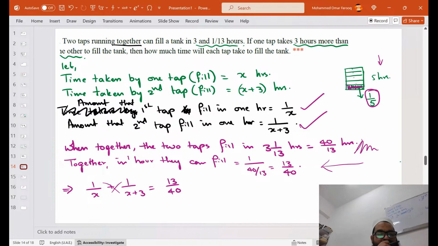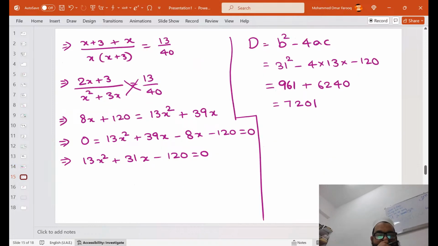What is x actually? Time taken. So 2x plus 3 is equal to x square plus 3x, is equal to 13 by 40. Did I do any mistake? Can you please check, my dear students? 13x square.